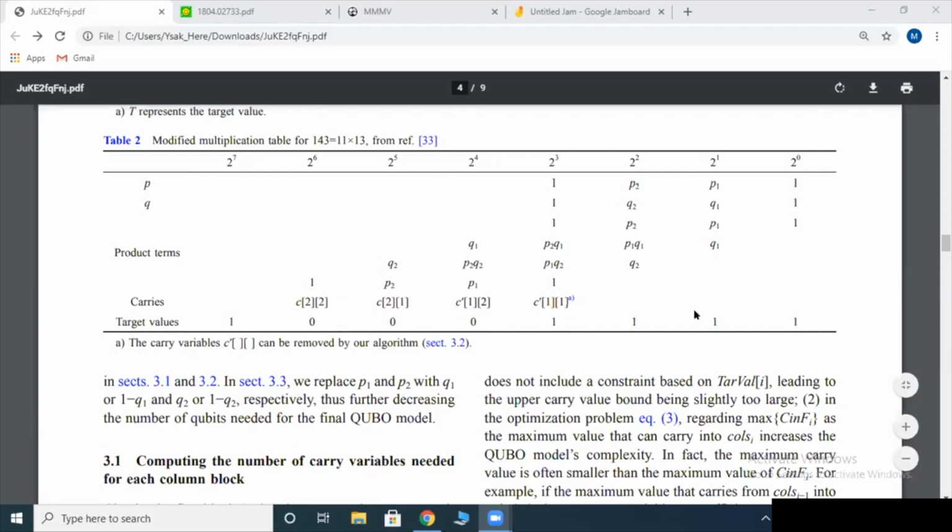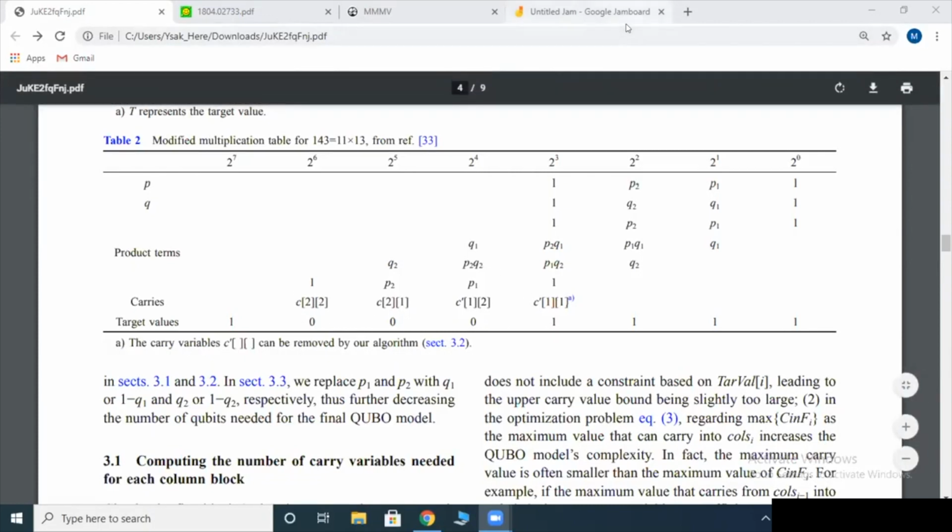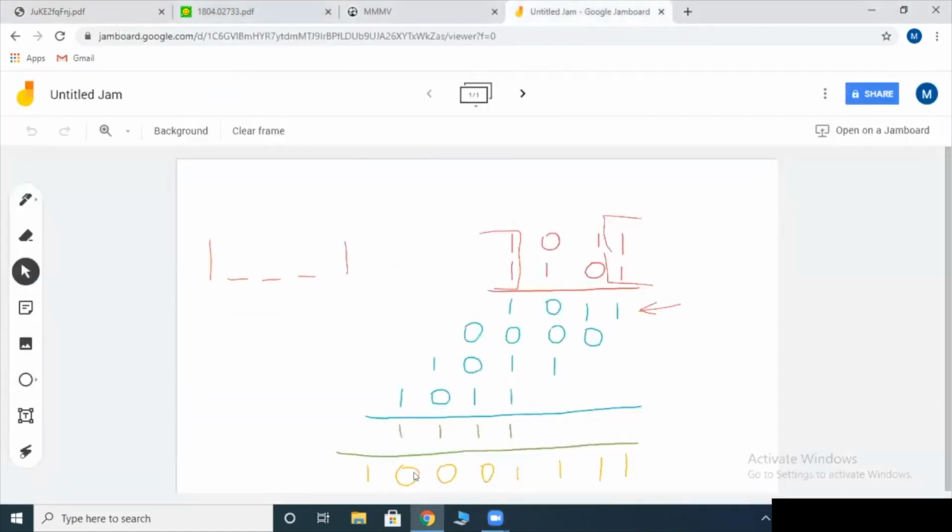So now we are going to find out what the variables are and how we will represent them. Currently the first step is to focus on the carry variables. The carry I have written here, these are the carry variables.